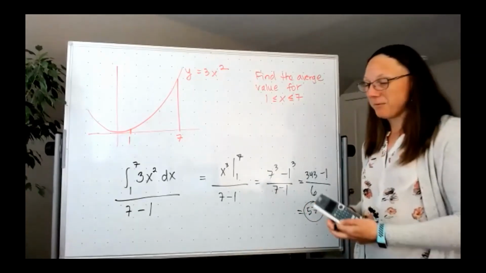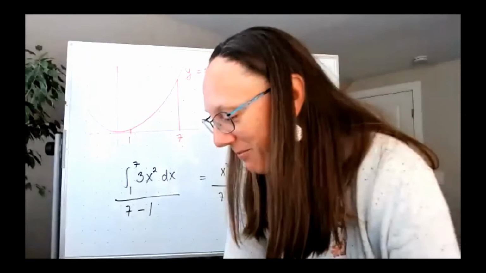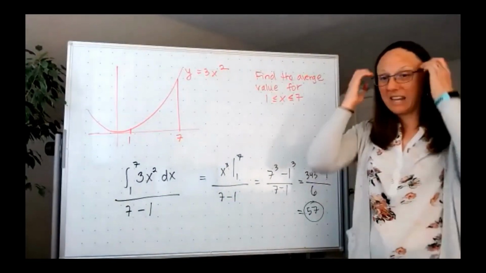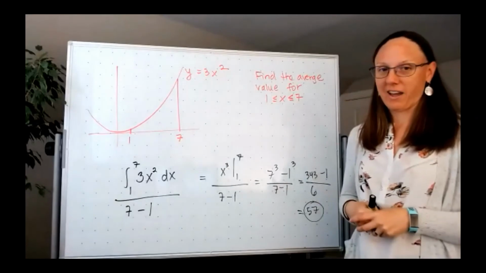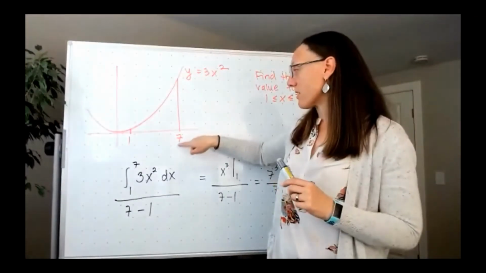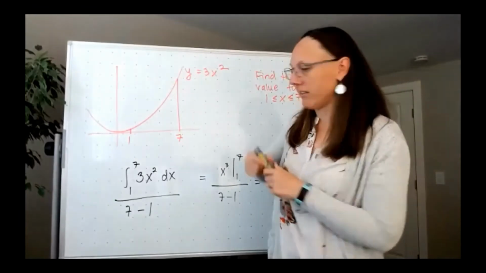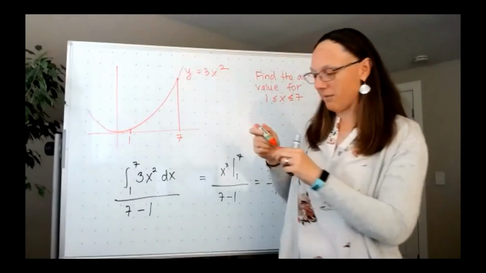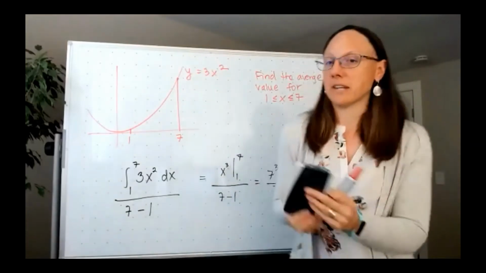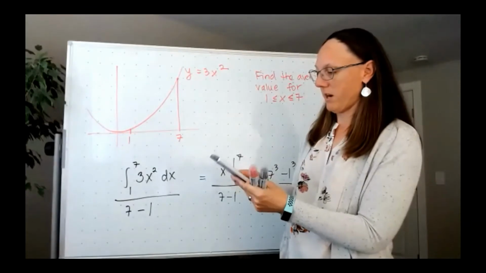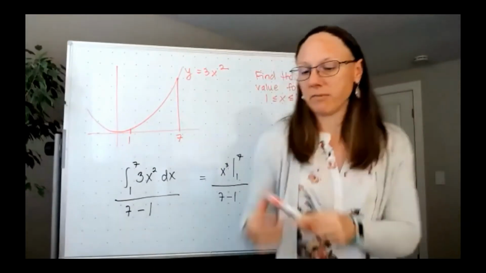So that means if we go back to this visually, for starters, when we're at 7, the height right here is 3 times 7 squared. I don't know what that is, so give me a second. 3 times 49, 147.